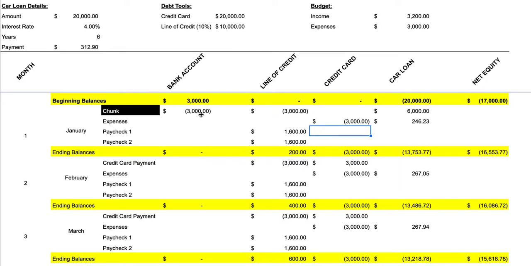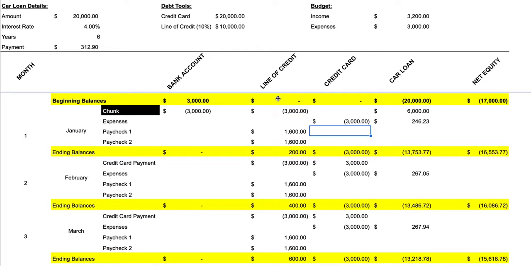So you take 3,000 from the bank account and 3,000 from the line of credit, giving that 6,000 in total towards the car loan. We're using the line of credit to do that because the line of credit has a lower interest rate than the credit card, right?